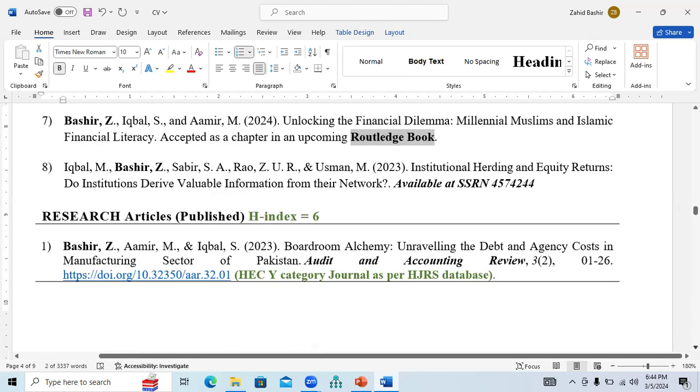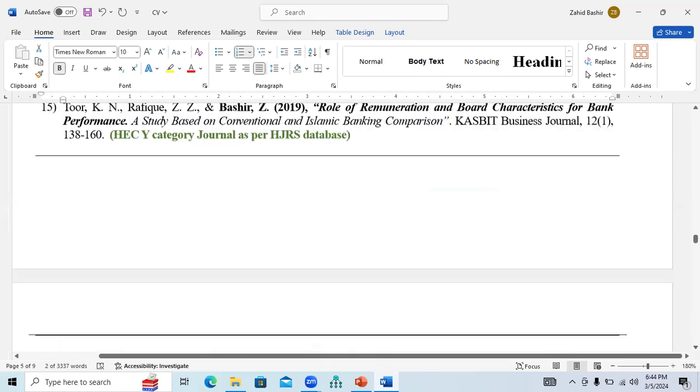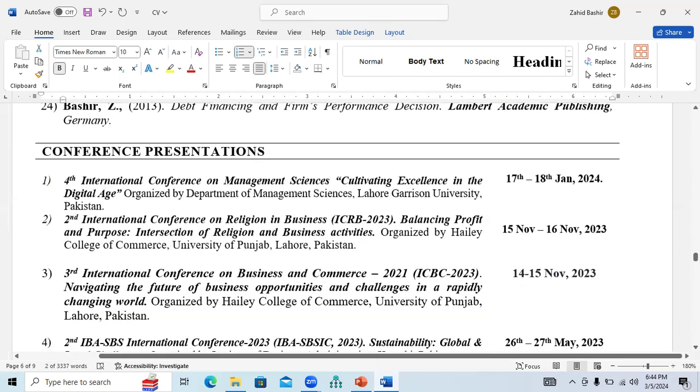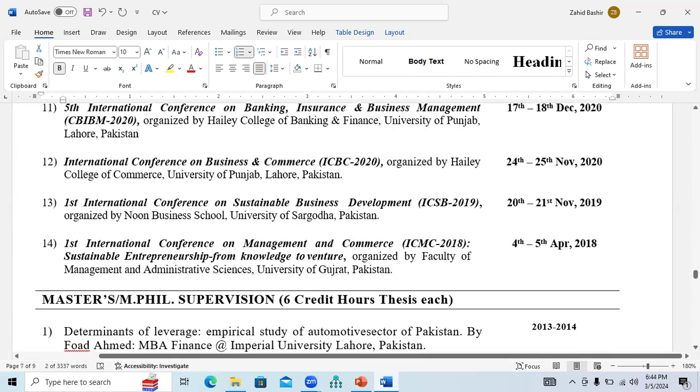In addition, I have 24 publications in X, Y, and W category journals. So there is a long list of publications. I have applied different analysis techniques. I have attended so far 14 research conferences. I have also registered for four more research conferences at national and international level.